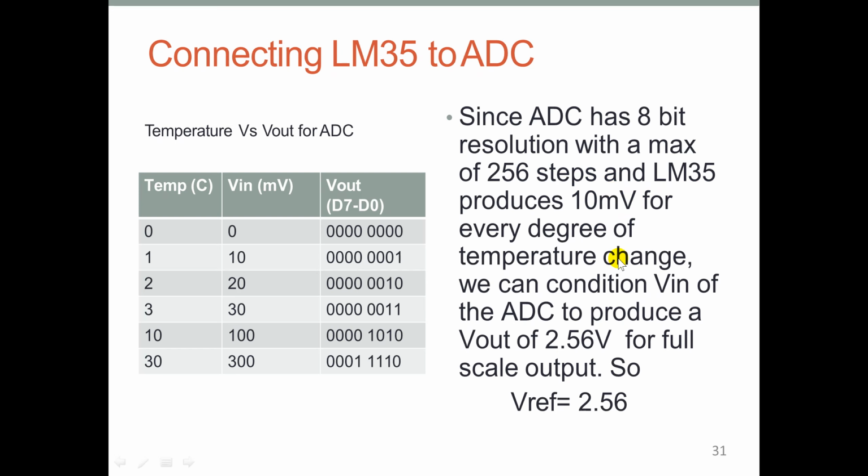That means for every degree of change, it is going to produce 10 millivolts. We can condition the input voltage of the ADC to produce a Vout of 2.56 volts for full-scale output. So V reference is equal to 2.56, the reference voltage will be 2.56 volts.